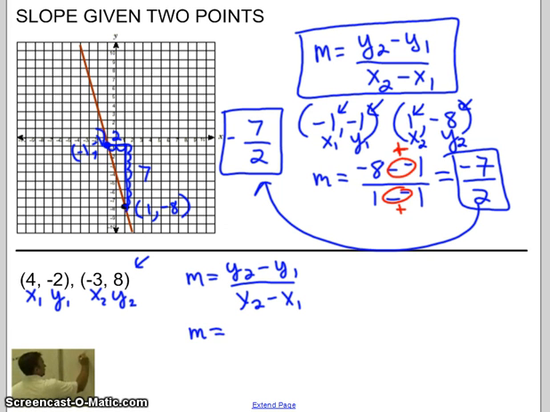So we have y2, which is 8, minus y1, which is negative 2, over x2, which is negative 3, minus x1, which is 4. 8 minus negative 2 is 10. Negative 3 minus 4 is negative 7. So our slope is negative 10 over 7.